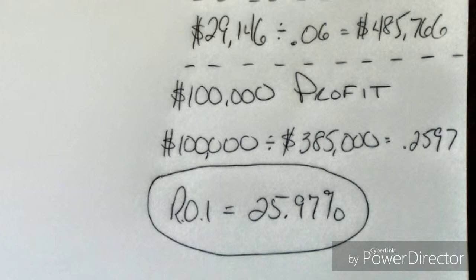Now, to figure out ROI, our return on investment, we simply take $100,000, our profit, divide it into $385,000, what we invested into the property, and we get 0.2597. Multiply that by 100, and we get a return on investment of 25.97%.